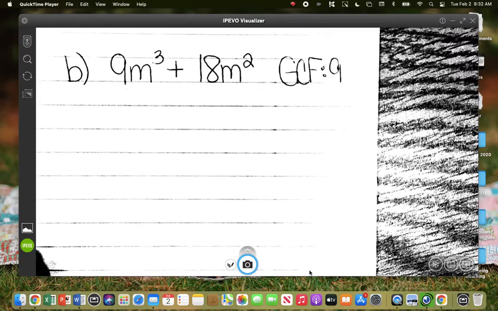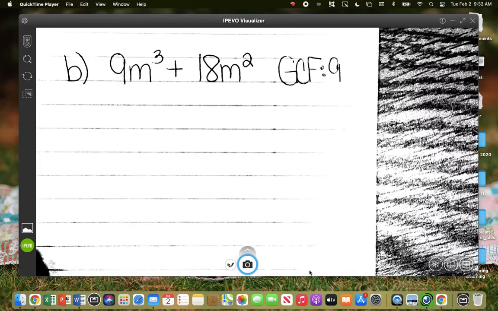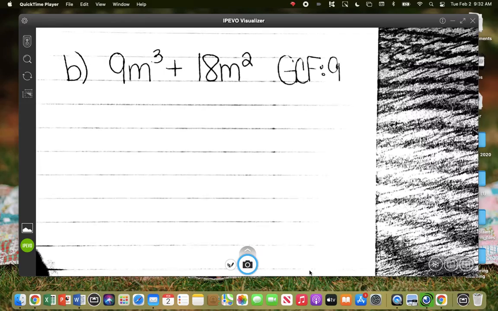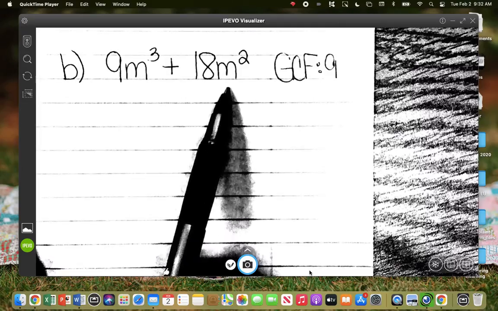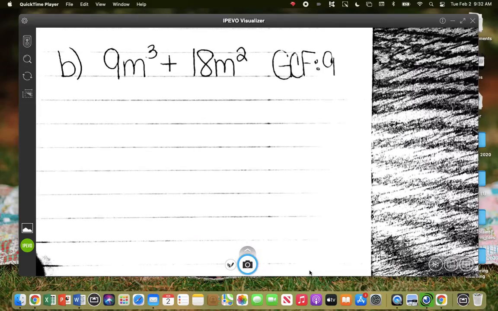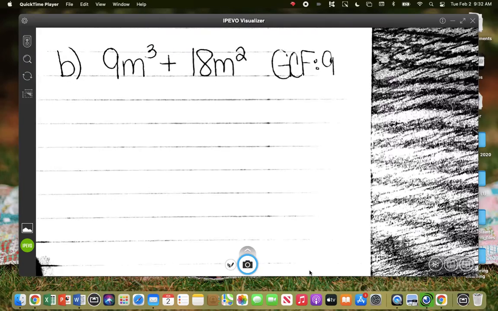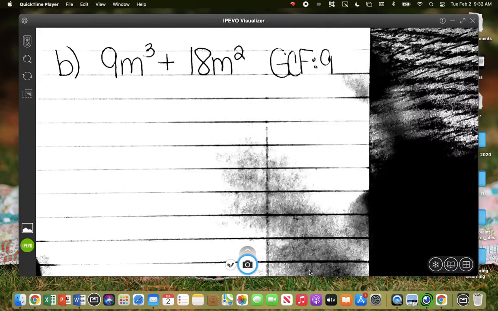Now, for the greatest common factor here, they both have an M. But this one actually has 3 M's and this one has 2. We're looking for the greatest common factor, so how many M's could we take out before we go negative? 2.